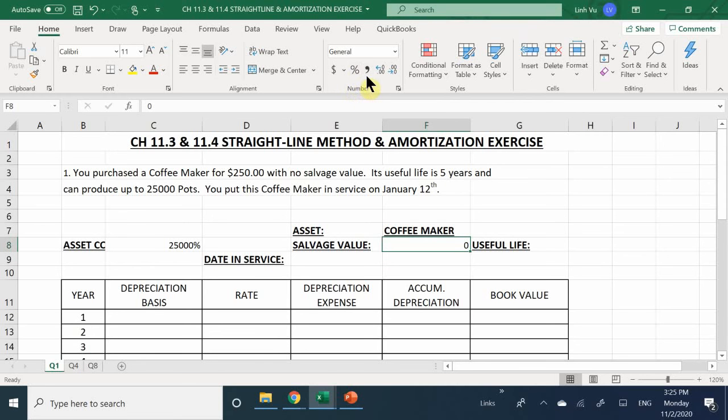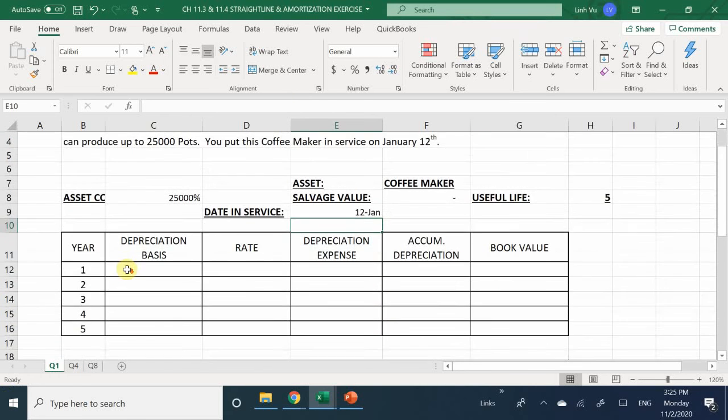And what's its useful life? 5 years. And lastly, when did we place it into service? January 12th. Okay, so do we need to depreciate for January? Yes, so we're depreciating it for the whole entire year.